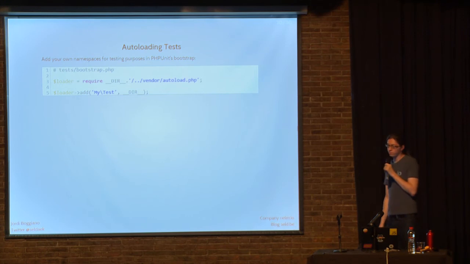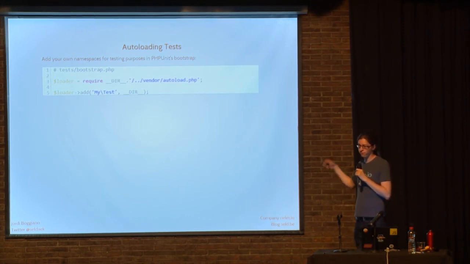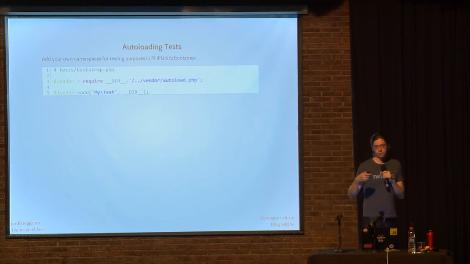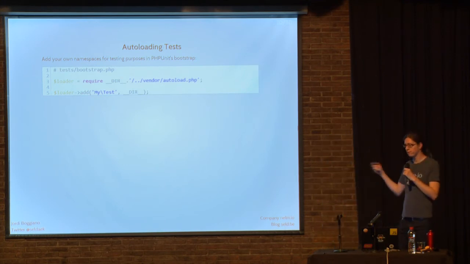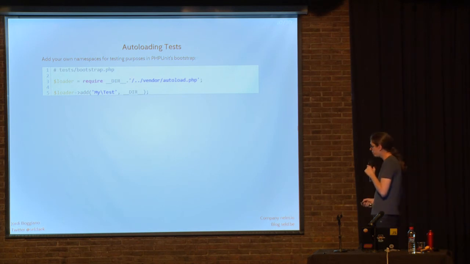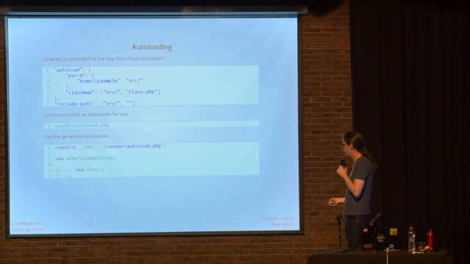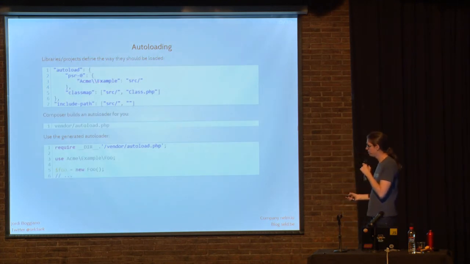Then one note about tests. If you're actually having a bunch of tests, which I guess you should, usually you have a different namespace or they're in a different directory. Some people tend to define them here, to have the source directory and the test directory.